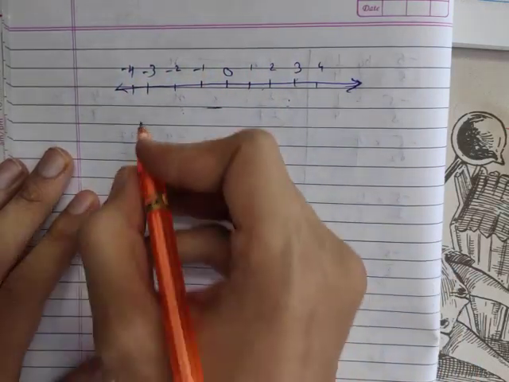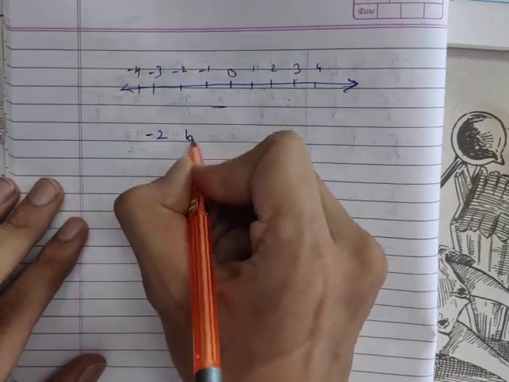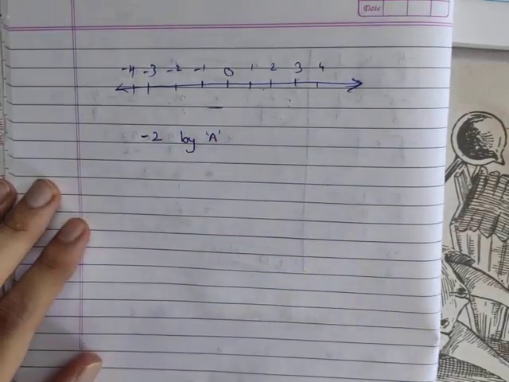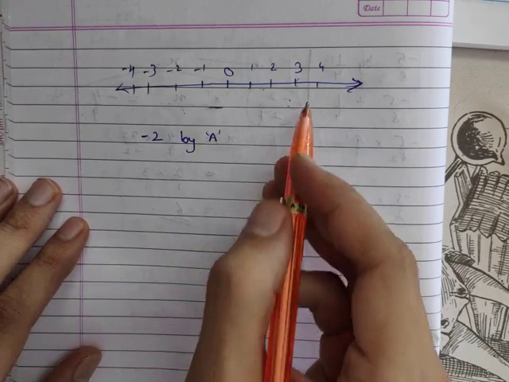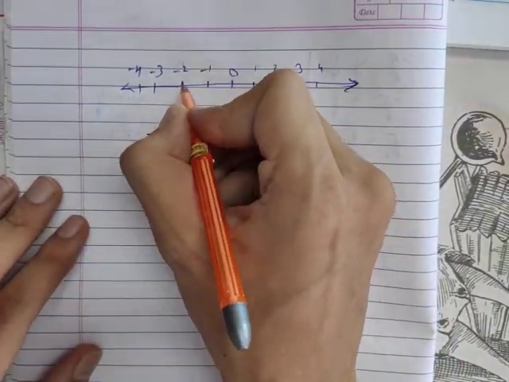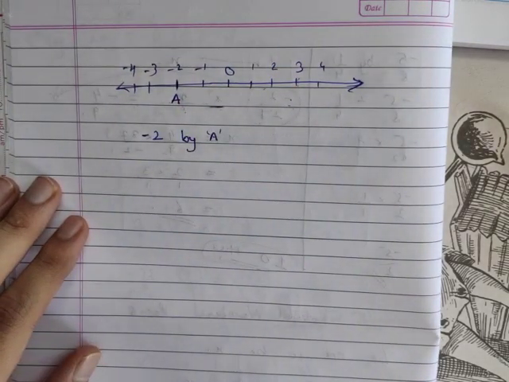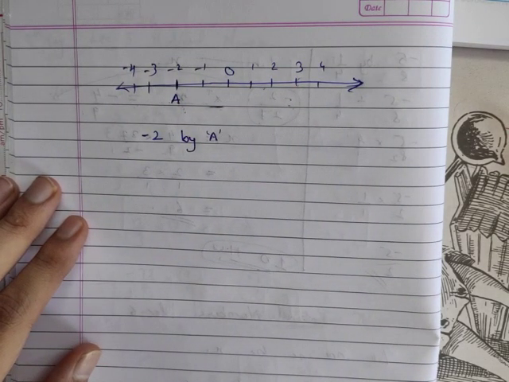Now, if I tell you, represent the number -2 by the letter A, what will you do? You'll check out where is -2, here is -2. You'll come here at -2 position and write here A. Simple as that. Everybody?